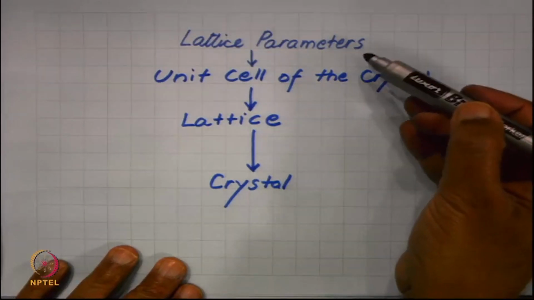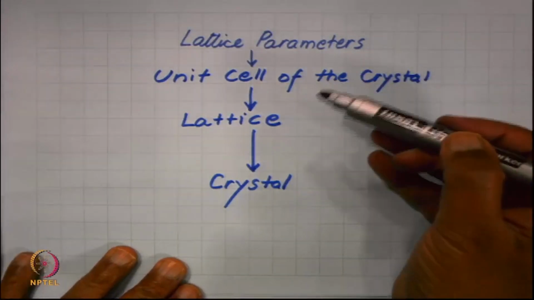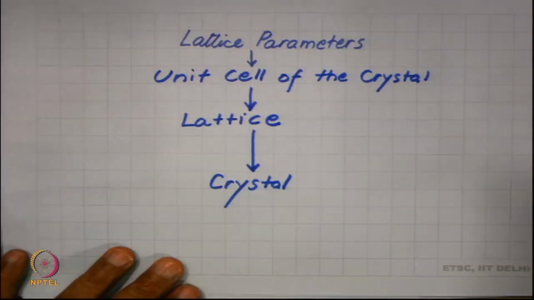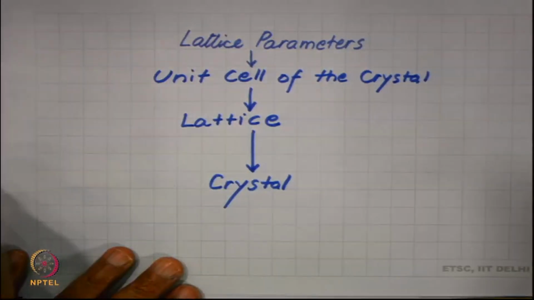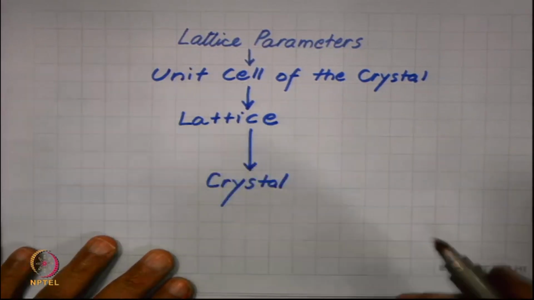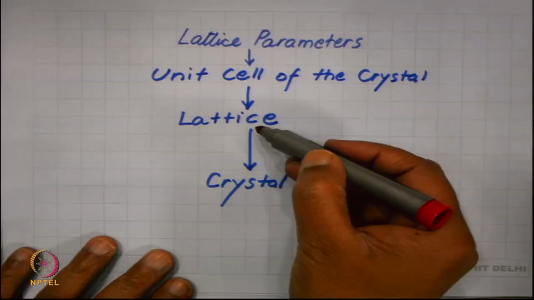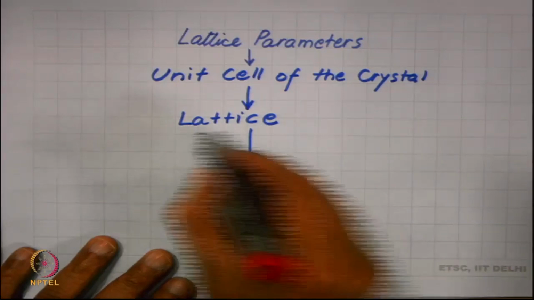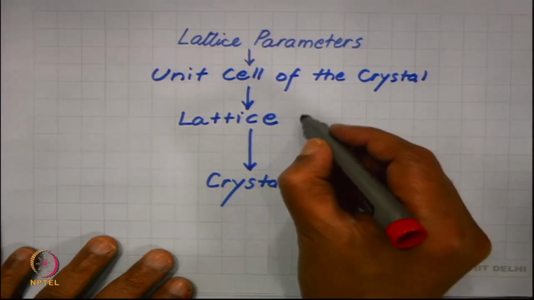Lattice parameters give me the unit cell, which gives me the lattice, but going from lattice to crystal, if you have been following this video till now, you will be worrying, because we have said lattice only gives me how to repeat.